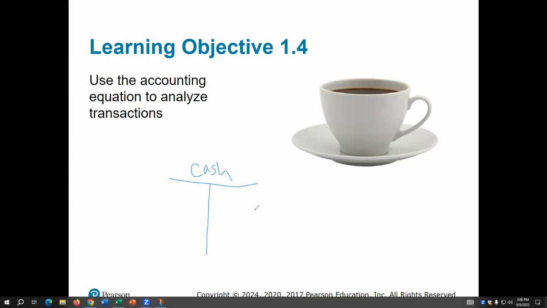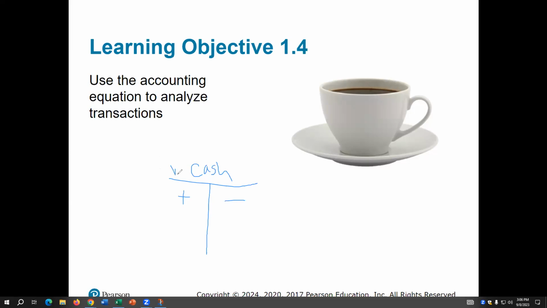So here is cash. Cash is an asset, and if we are going to record increases to cash, we would mark those on the left-hand side, and if we're going to record a decrease to cash, we would mark it on the right-hand side. And there's a technical term for which side of the T account you're using.